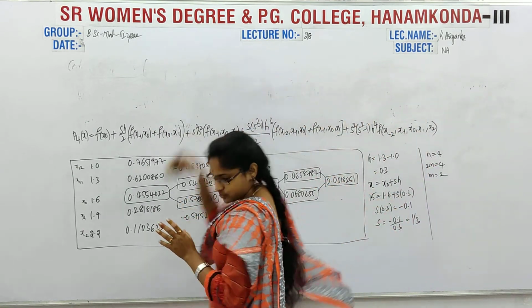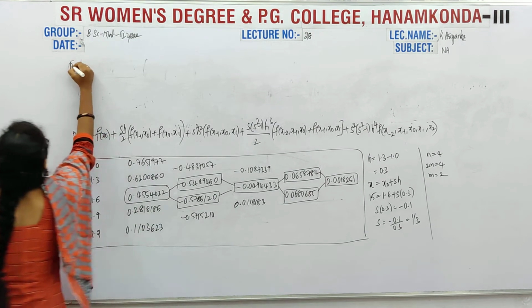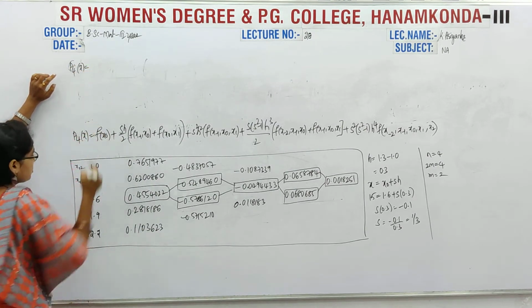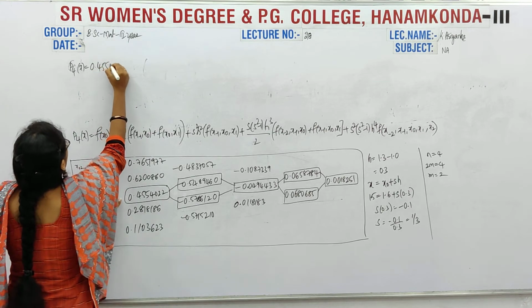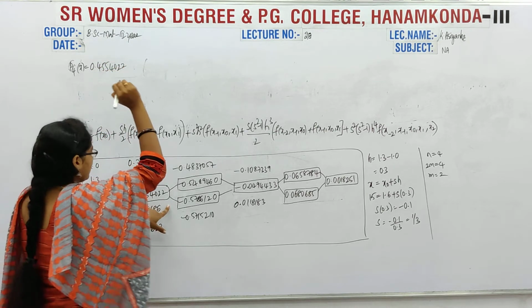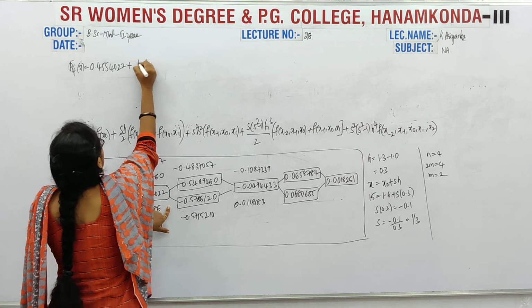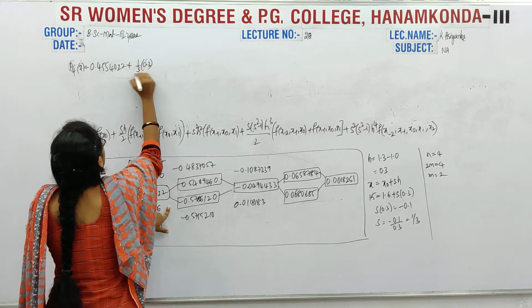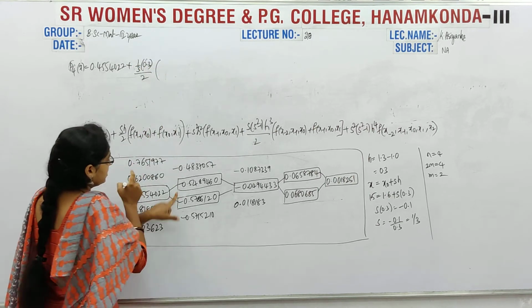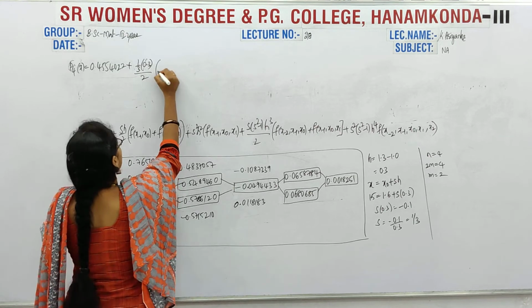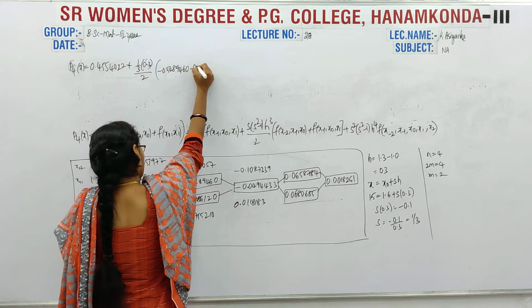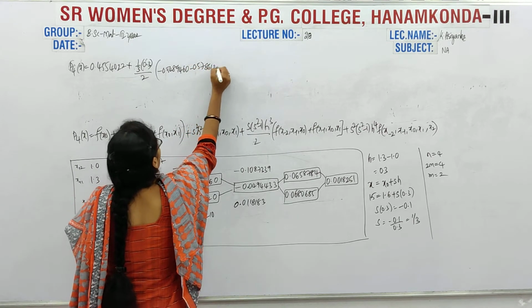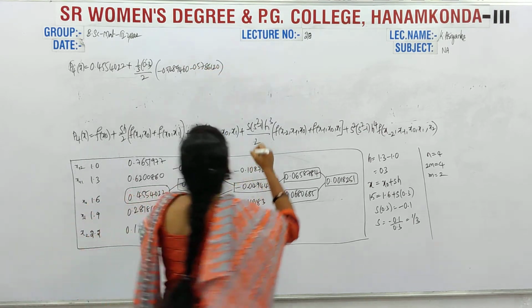Okay, now here I am substituting the values. P4 of x, f of x naught value is 0.455 plus s 1 by 3, 0.3 by 2 of the sum of these two. Okay, this one is finished.